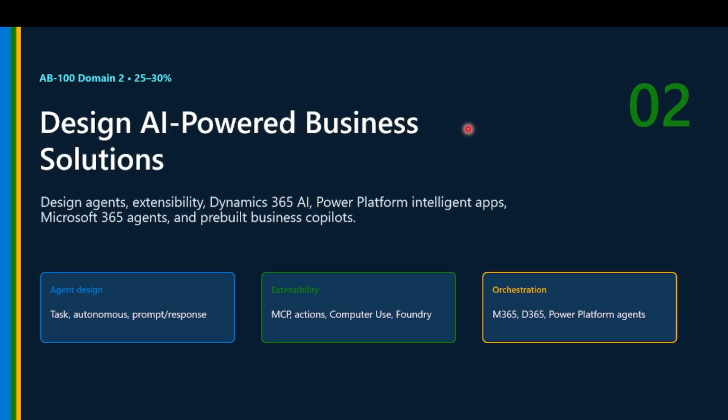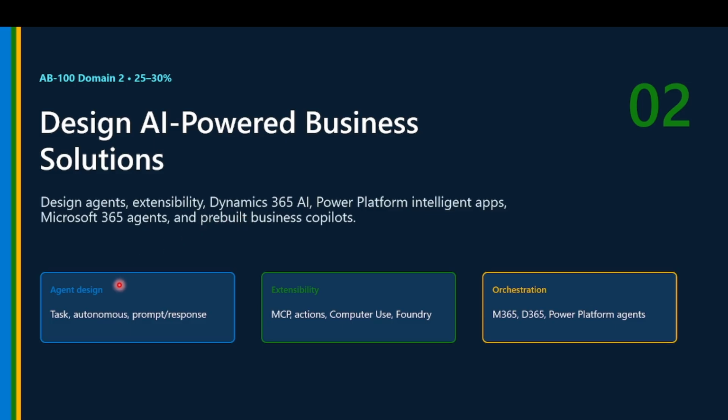Domain 2 is designing agentic AI powered business solutions using the Microsoft ecosystem. Okay, and of course, we've been following the design patterns and the requirements and what you should include in the architecture: integration with Dynamics 365, Office 365, building in Copilot Studio, and Microsoft Foundry. So we'll continue with what we have on this slide.